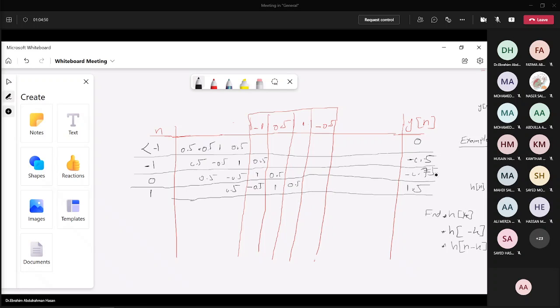Move it to the right, so this becomes 0.5, 1, minus 0.5, 0.5. Multiplied: minus 0.25, 1, minus 0.25, so then it is equal to 0.